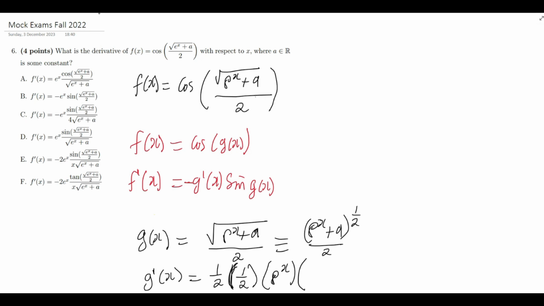Then we copy the same function e to the power x plus a, and we reduce the power by 1. If we take half minus 1, we are going to have negative a half. And remember that this 2 here is the same 2 here. So we can further simplify this as 1 on 4 e to the power x all over the square root of e to the power x plus a.